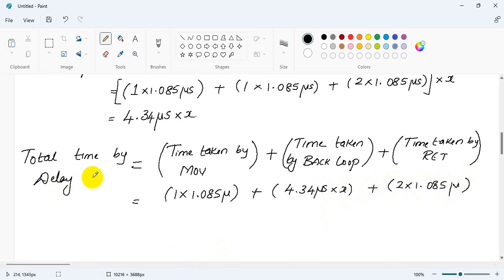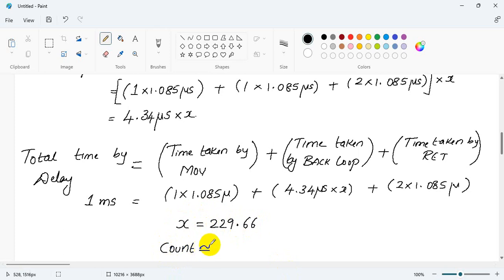And what is the total time we are planning? We are planning for 1 millisecond. So if you compute, you will get x equal to 229.66. So this x is nothing but the count.